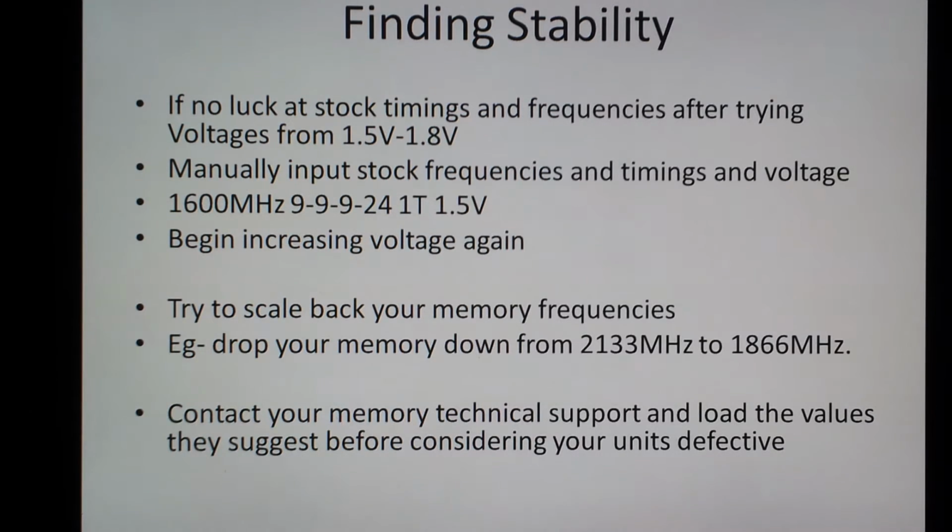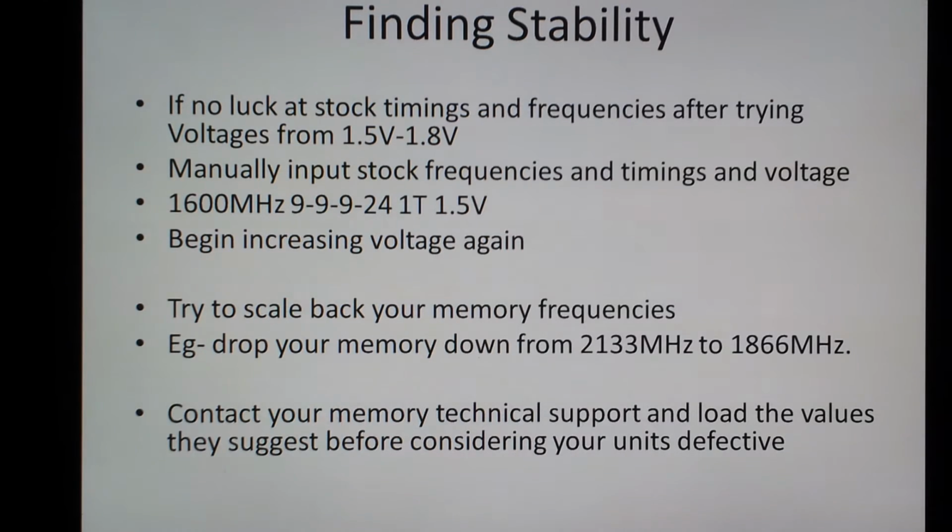If you don't know how to do that, at the very last part of this guide, I'm going to quickly show you how to do that manually. Once again, input the stock values and then increase the voltage to the suggested voltages that we talked about already. So at this point we're almost eliminating the core variables that the XMP profile manipulates.